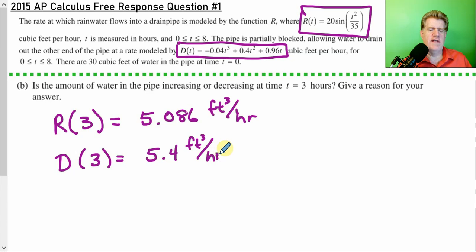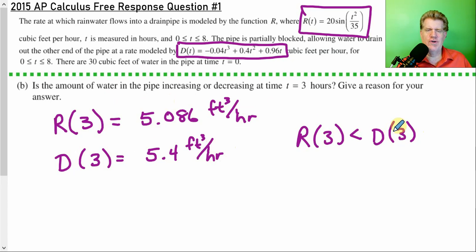Remember, these are the rates of change. So the rate of water entering is less than the rate of water that is leaving. So I know, since this is true, if more water is leaving the pipe, then the amount of water in the pipe is decreasing.